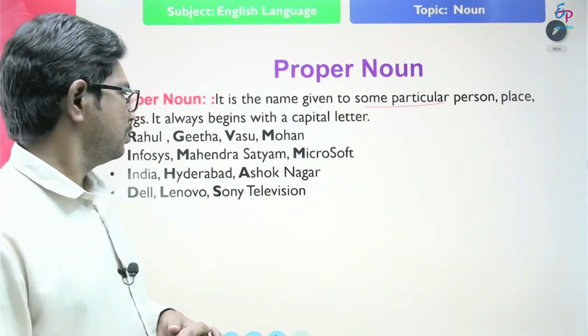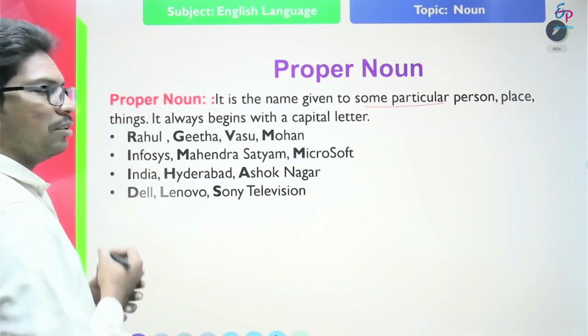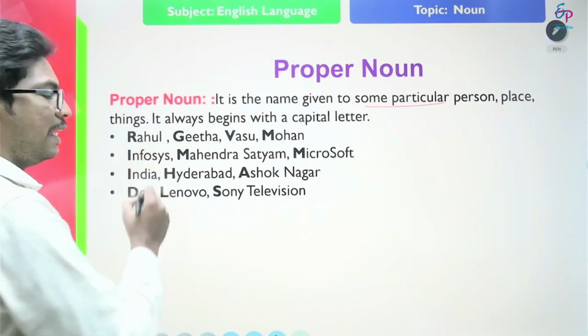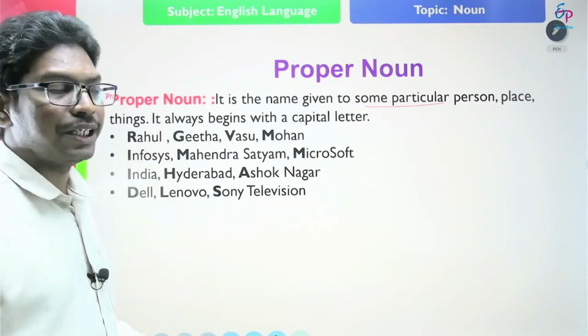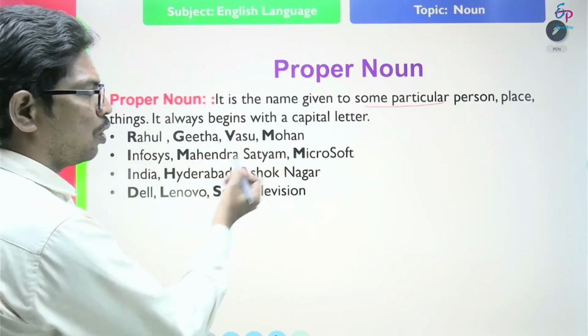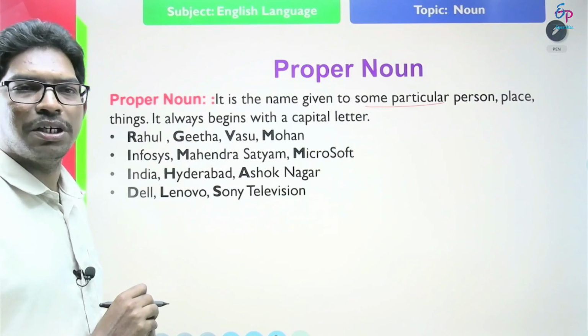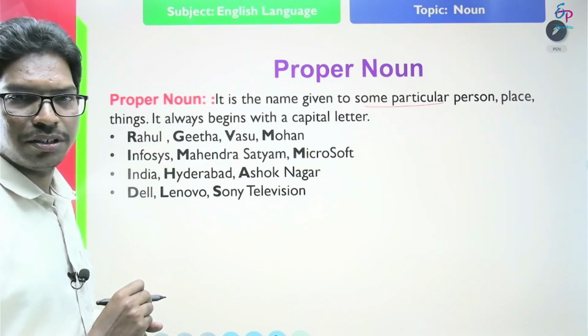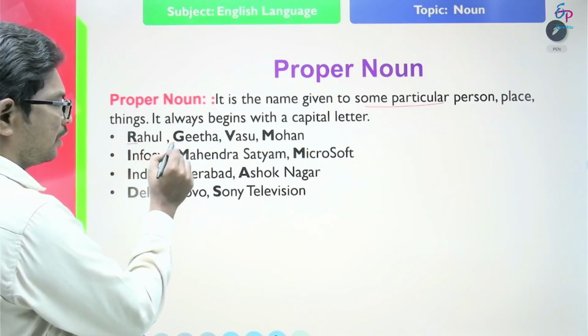See the example. Rahul. What is Rahul? It is the name of a particular person, that is called a proper noun. Rahul, Geeta, Vasu, Mohan. These are all proper nouns because they are particular names of a person. And a proper noun always starts with a capital letter.